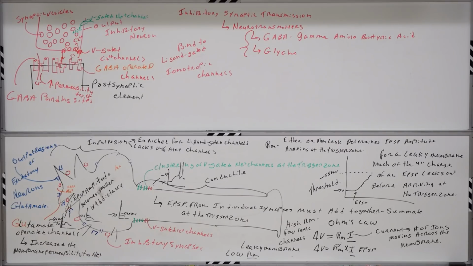So both exist on the input region, but on the output region of the other inhibitory neuron. So are there specific inhibitory neurons and specific excitatory neurons? Fair enough. There are specific excitatory neurons and specific inhibitory neurons. And we have lumped together all of the excitatory neurons as being glutamate.